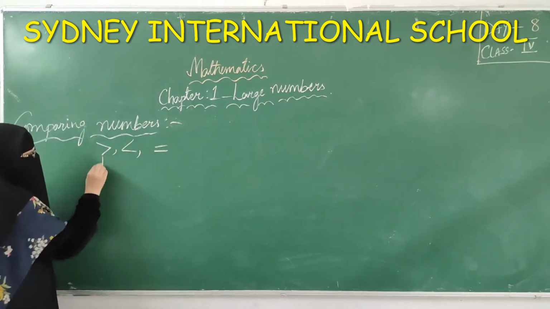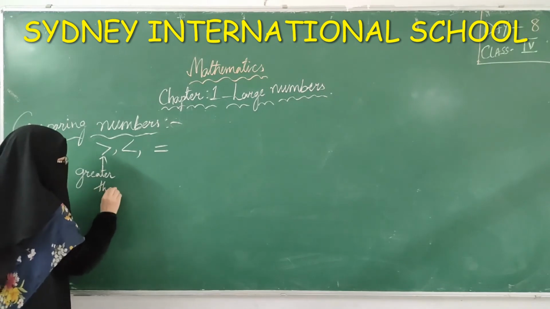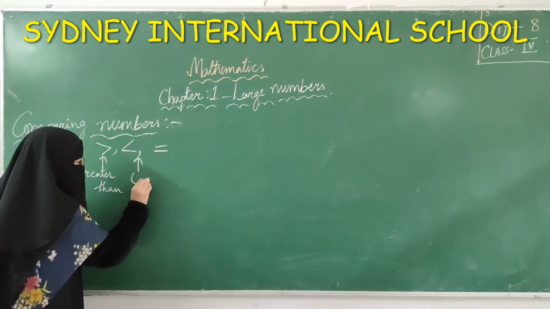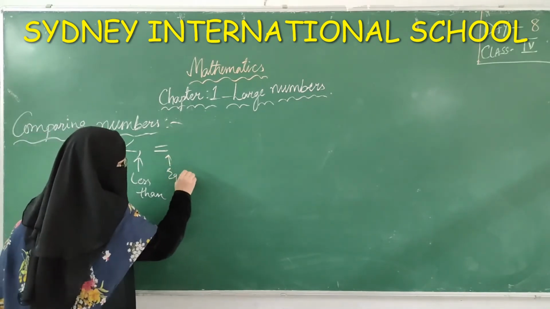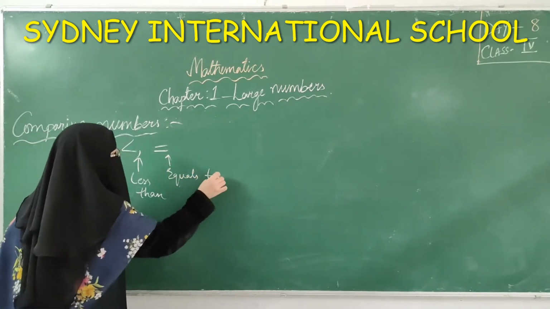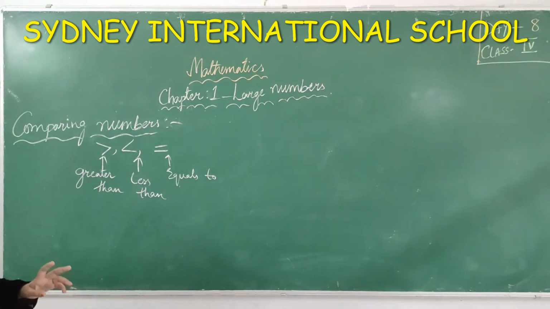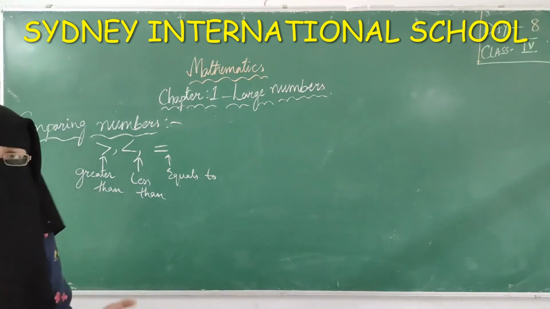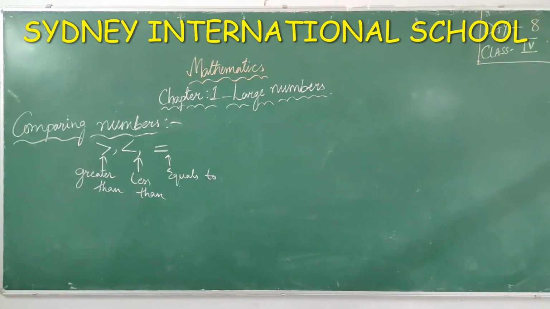This is known as greater than. This is known as less than. This is known as equal to. Okay, understood? In real life, we compare so many things, like the age of your younger brother and your elder brother, and the height of your brother and your sister.